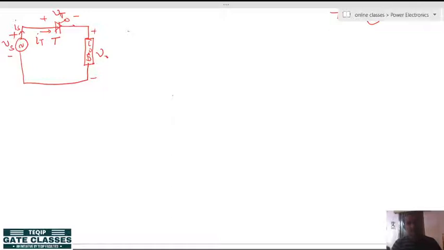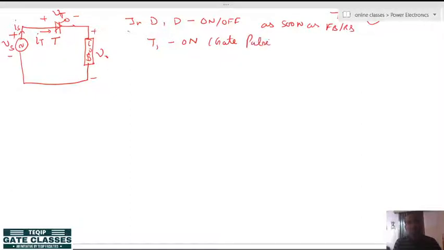The one difference between the thyristor and the diode is that a diode can instantly turn on or off as soon as it is forward biased or reverse biased. But with a thyristor, this is not the case. It will not turn on unless a gate pulse is provided. Otherwise, it will remain in the forward blocking mode.